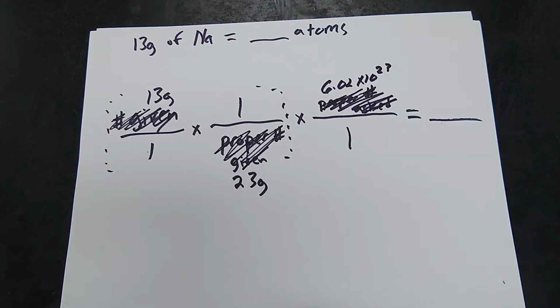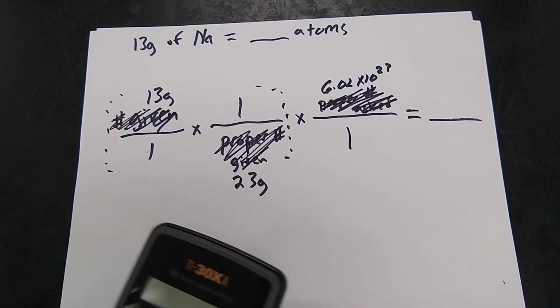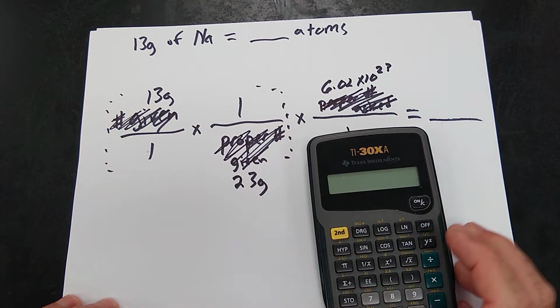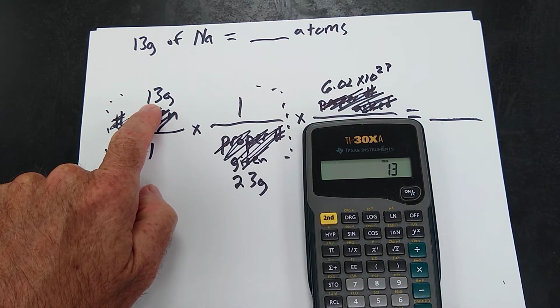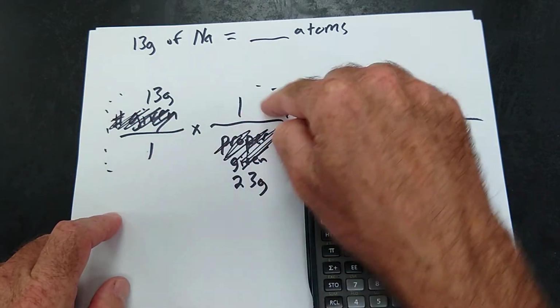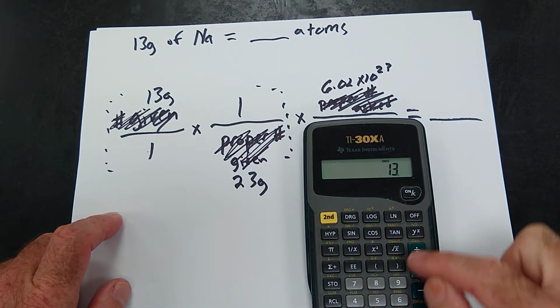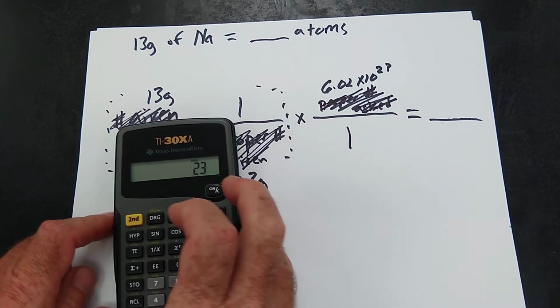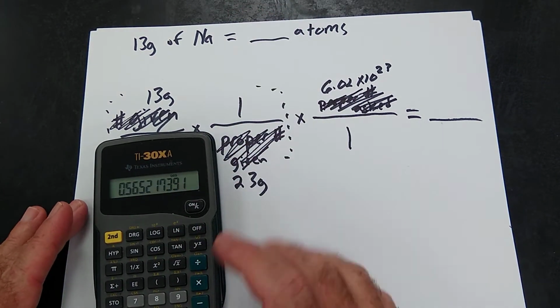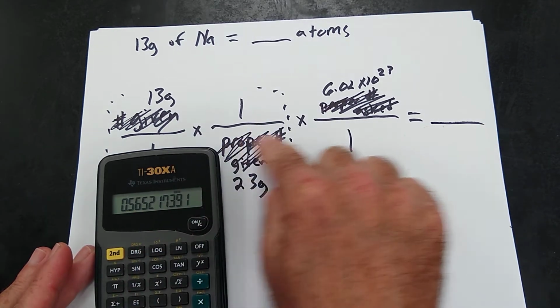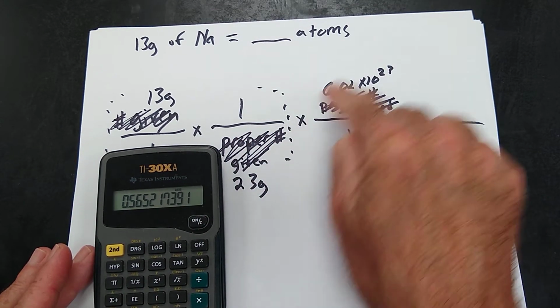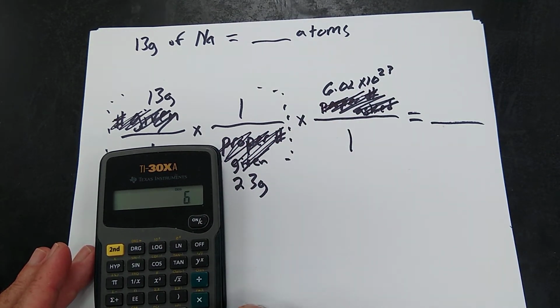Now let's talk about how we would enter that on our calculator. I'm on the calculator up here where you can see it. You would enter 13 grams, and then when you say times 1 over, you hit divided by 23, okay? And that gives us this far. If we stopped right here, that would be 0.56 moles, but we're going to keep going. Times 6.02 EE 23.